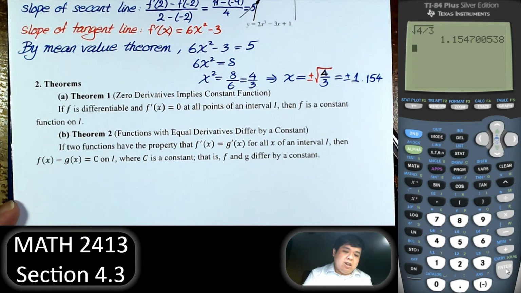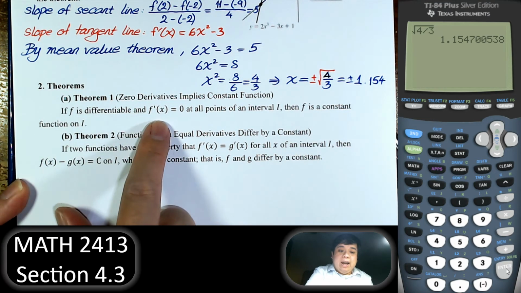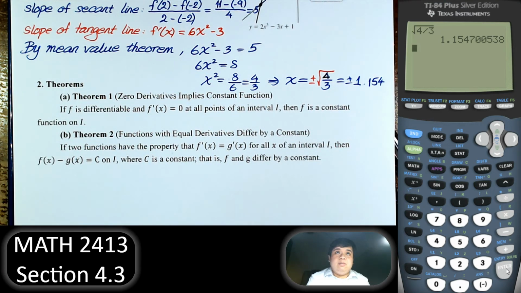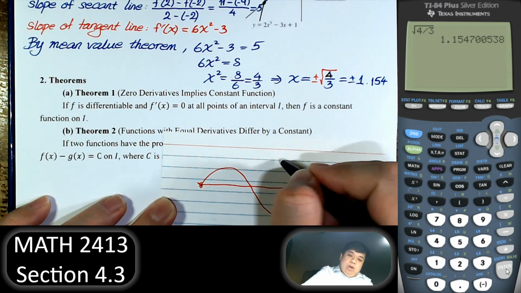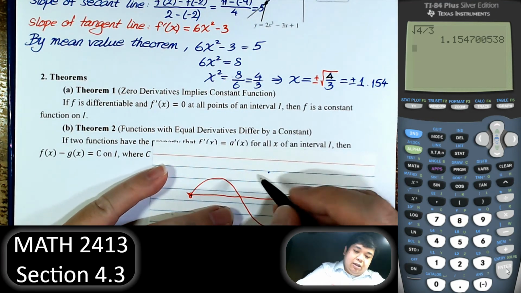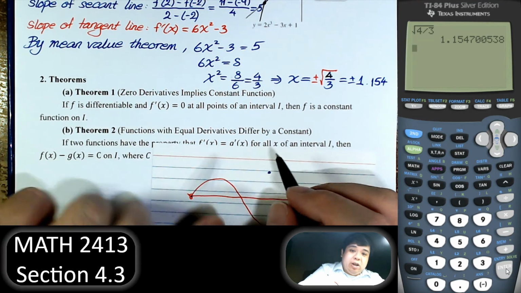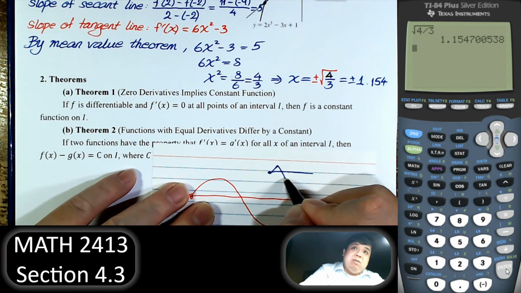And with all of that, it says that if the function is differentiable and the derivative is equal to 0 at all the points in the interval, then it is a constant. So pretty much, if we either go up or down, the derivative is not equal to 0 anymore.